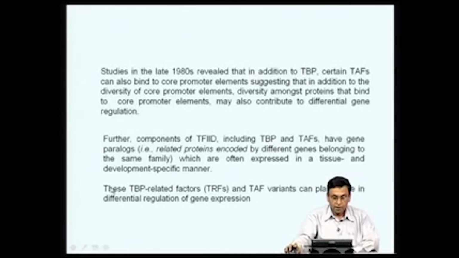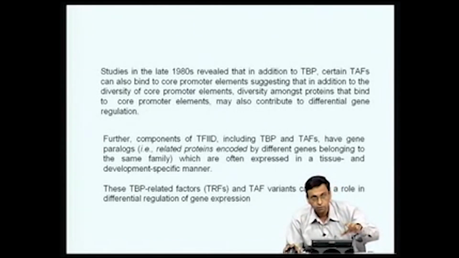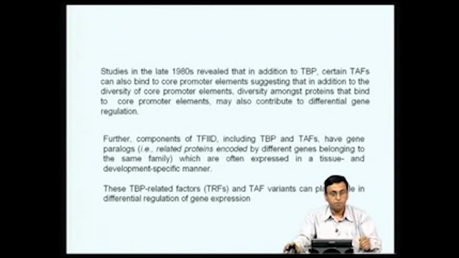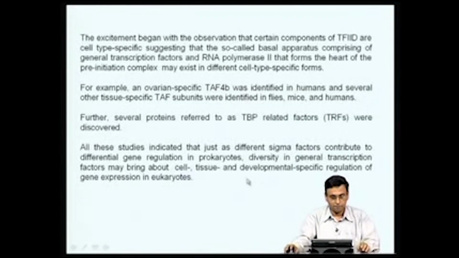For example, there are variants of TBP, referred to as TBP related factors or TRFs. Variants of TBP have been identified, and certain TBP related proteins bind to only certain promoter sequences, but not others. Similarly, certain TAFs can themselves bind to certain core promoter sequences in addition to TBP. All these variations contribute to differential gene regulation.